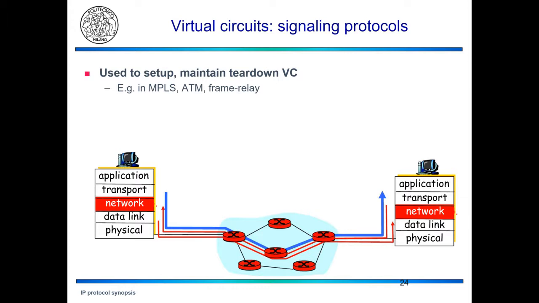And when there is the setup of a virtual circuit, we have to first make a call initiation request that comes from higher layers to the network layer. This request is in the form of the so-called protocol primitive.